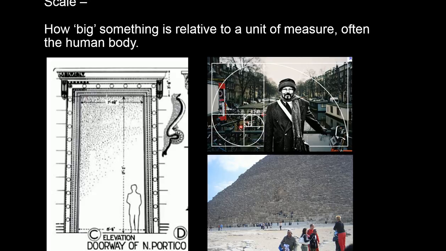But in these two images, you see this gate, and you see a human figure in relationship to the gate. Now, imagine if I had not shown that figure. You would get one sense of the scale of that gate, right? Whereas if I take that away, now that's a really big gate, right?